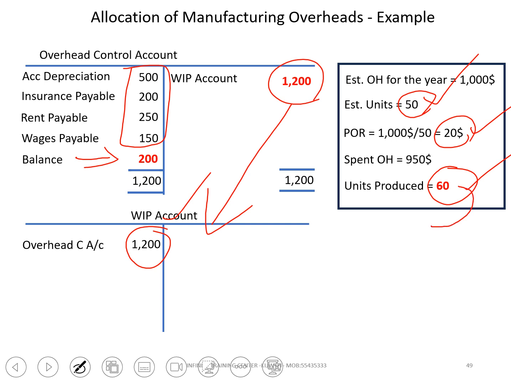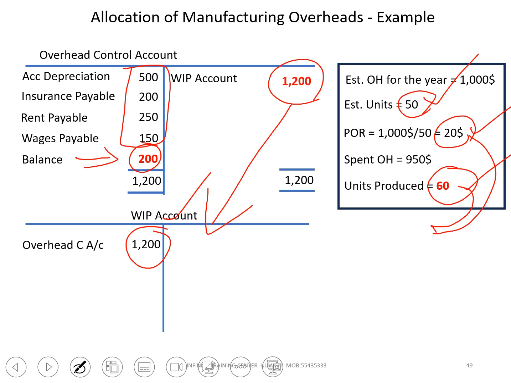Because every time one unit is produced, this $20 is added to work in progress. So $1200 is applied to work in progress, whereas you actually spent only 1000, and you have a difference of $200 here, which we call over application, because it has a credit balance. Why did it increase? Because we applied more than what we spent.